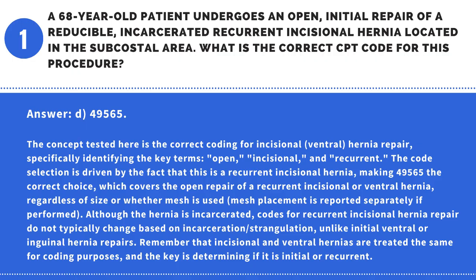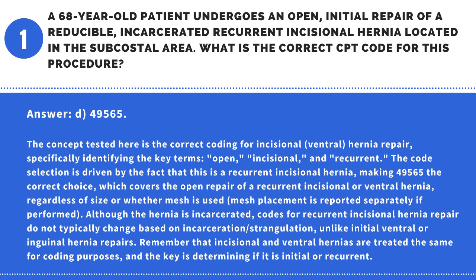49565. The concept tested here is the correct coding for incisional ventral hernia repair, specifically identifying the key terms: open, incisional, and recurrent. The code selection is driven by the fact that this is a recurrent incisional hernia, making 49565 the correct choice, which covers the open repair of a recurrent incisional or ventral hernia, regardless of size or whether mesh is used.